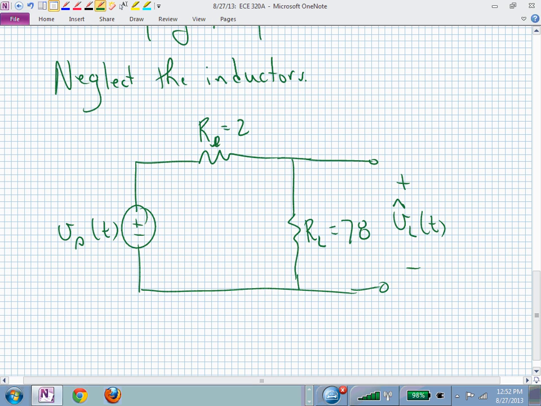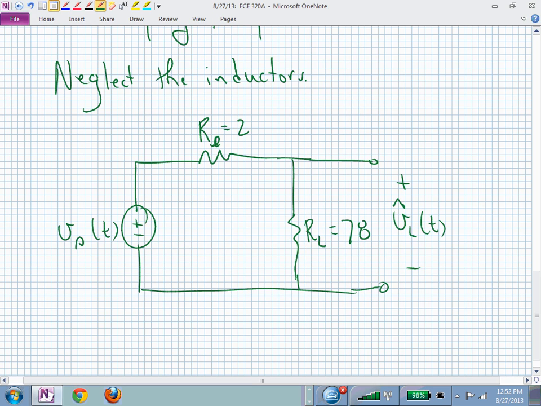What's your total resistance? 80. And what fraction are you seeing at the output? 78. So you're not dividing this down much at all at DC. You're pretty much seeing at the output, V sub L, what you're putting in at the input, V sub S.